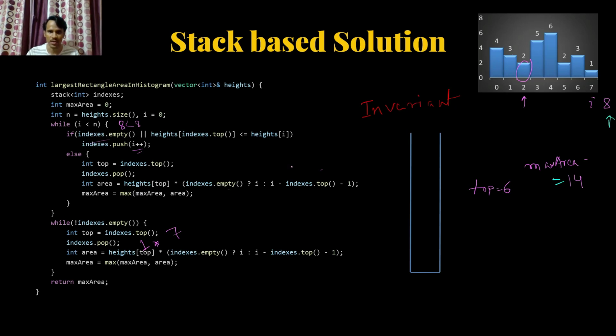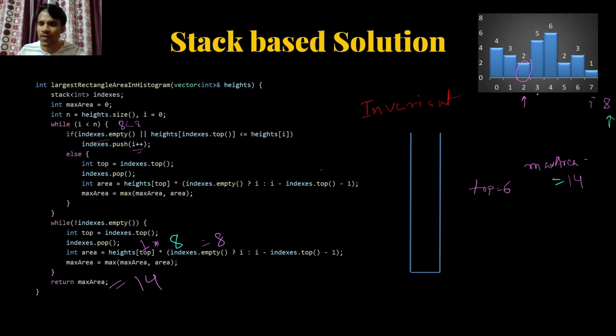I is pointing here, 8, so 1 multiplied by 8 will be 8. So we do not update the max area, and then we return the max area as 14.